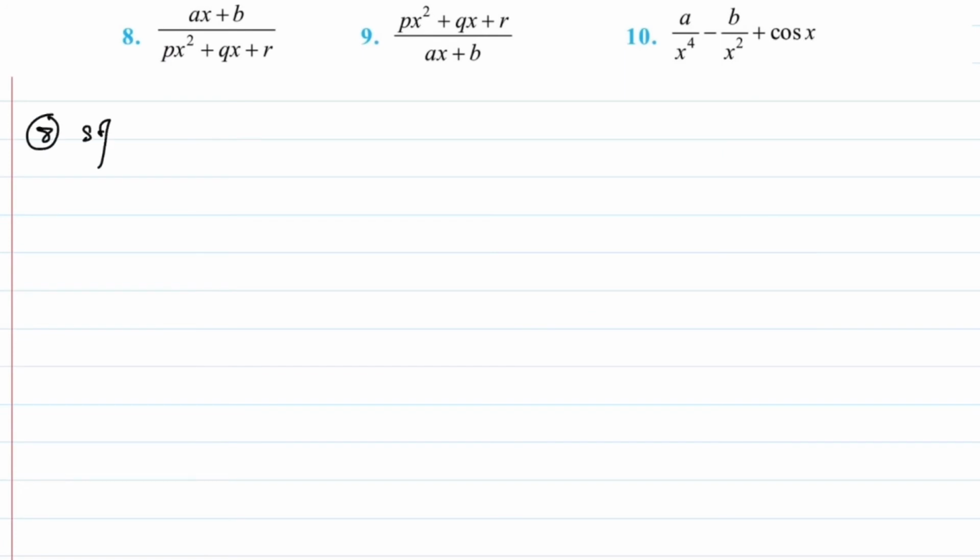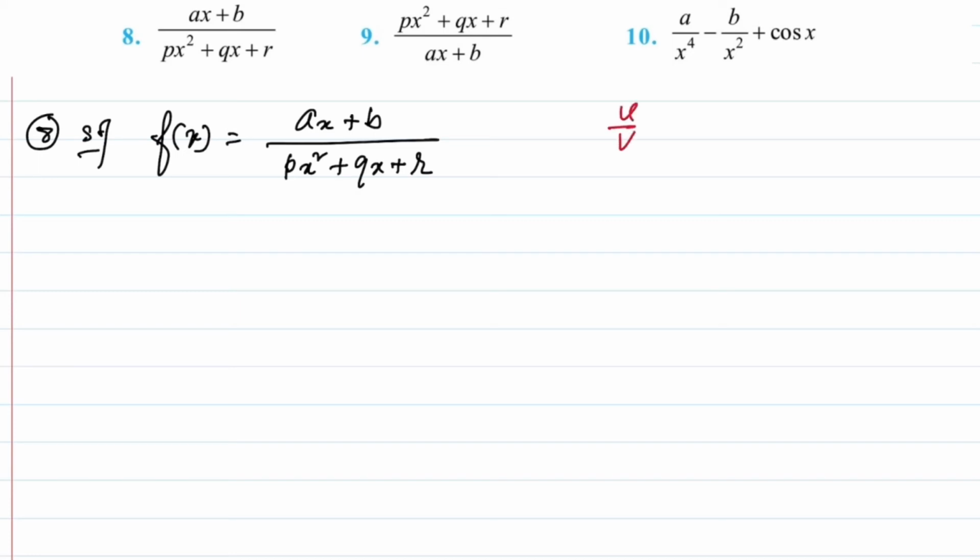So number 8, here the function f of x is equal to ax plus b by px square plus qx plus r. Here also we are going to apply the quotient rule, the derivative of u by v, that is v derivative of u minus u derivative of v by v square.